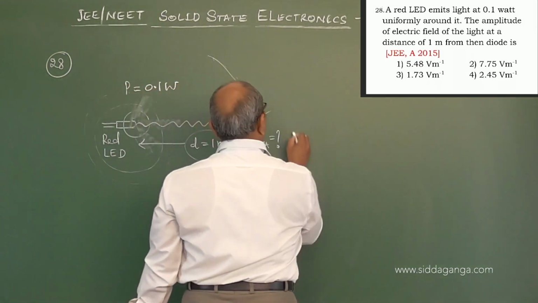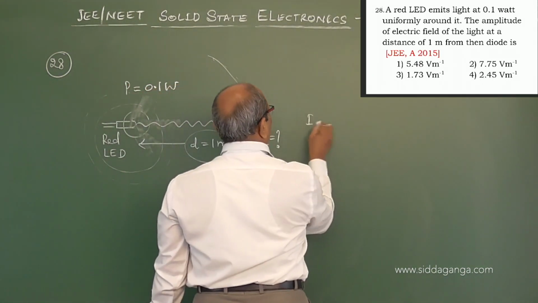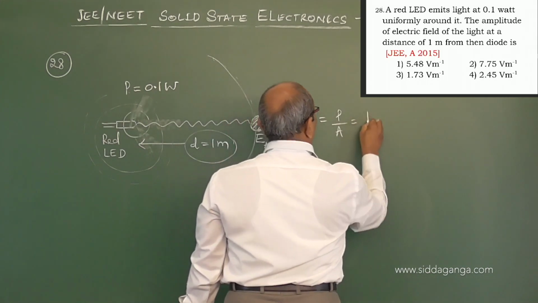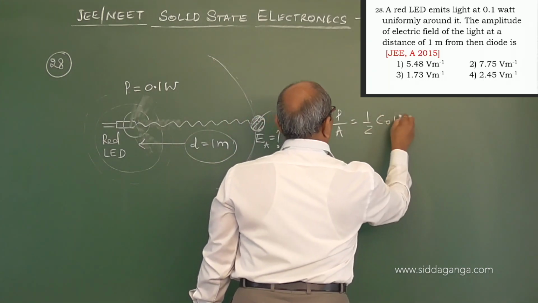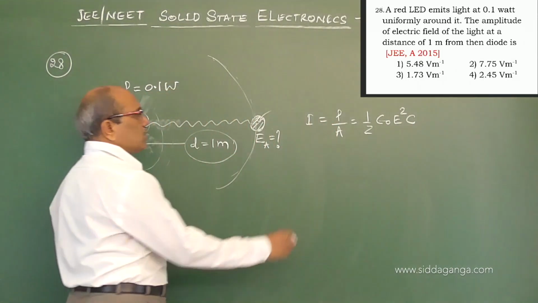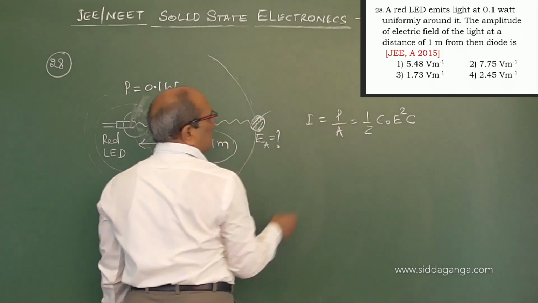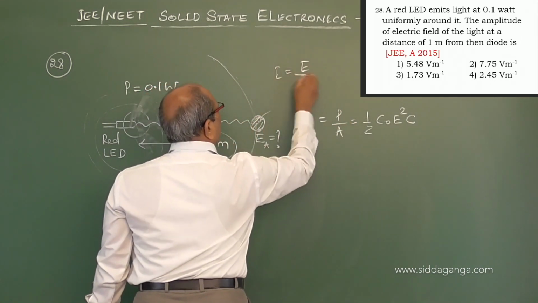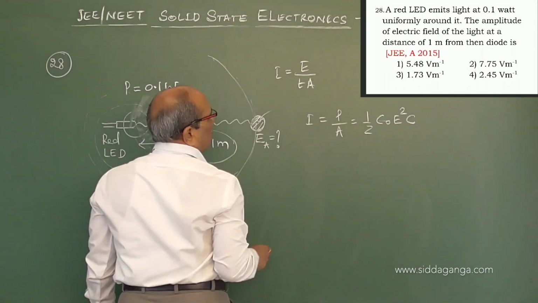Here I can say intensity, power by area, equals half epsilon naught E square into C, where C is the speed of light. Power by area is nothing but intensity, the energy propagating per second per area.